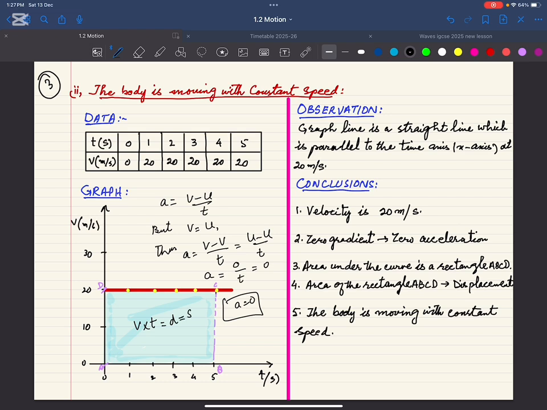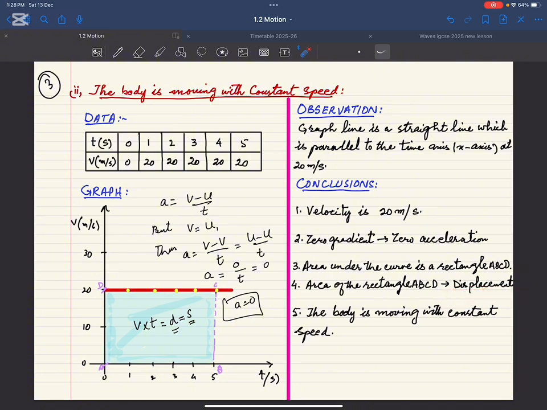In a few books they represent it by d, and in others by s. So this is what we have as far as the area under the curve and the displacement are concerned. s is equal to v into t, which is nothing but the area of the rectangle.